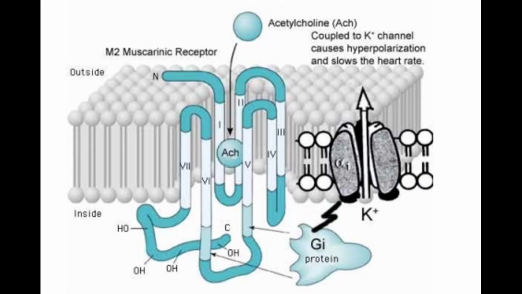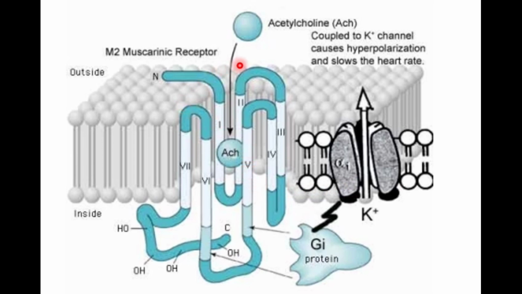For example, the muscarinic receptors on the sinoatrial node in the heart are M2 type and are associated with the potassium channel.